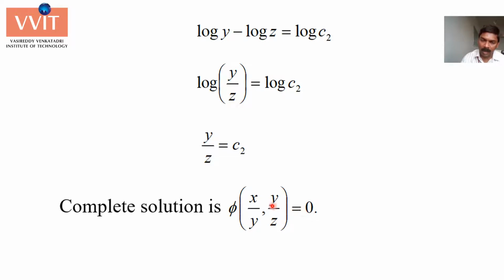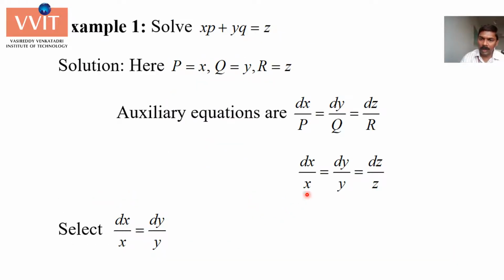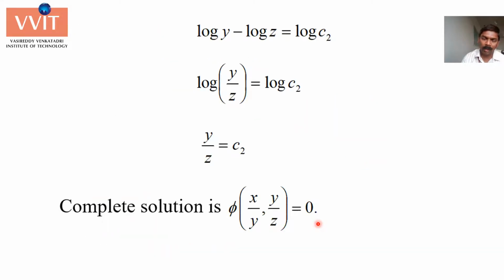If somebody selects 1, 2 and 1, 3, if you select 1, 3, dx by x equal to dz by z, if you integrate, log x is equal to log z plus log c2. Then after removing logs you get x by z equal to c2. Then accordingly you can conclude your problem.